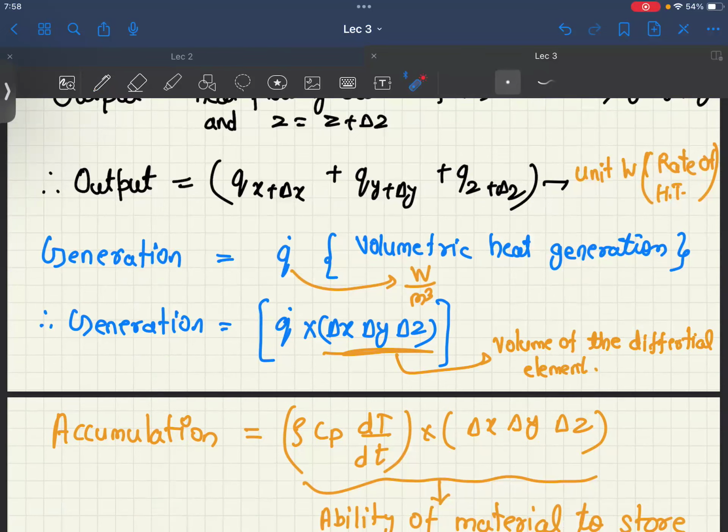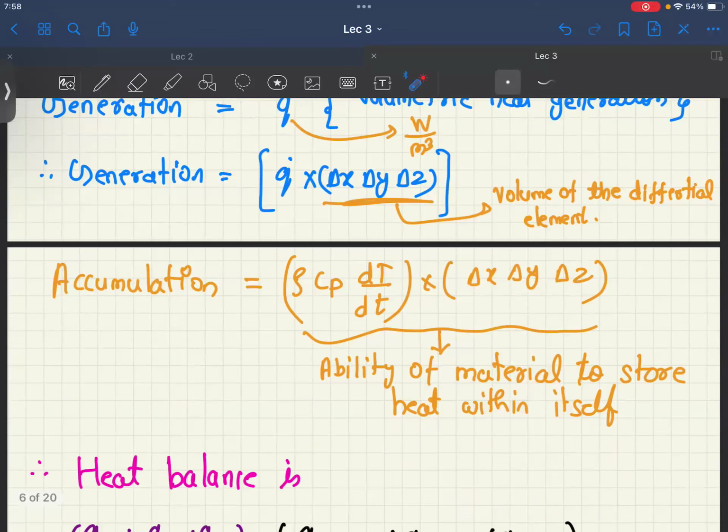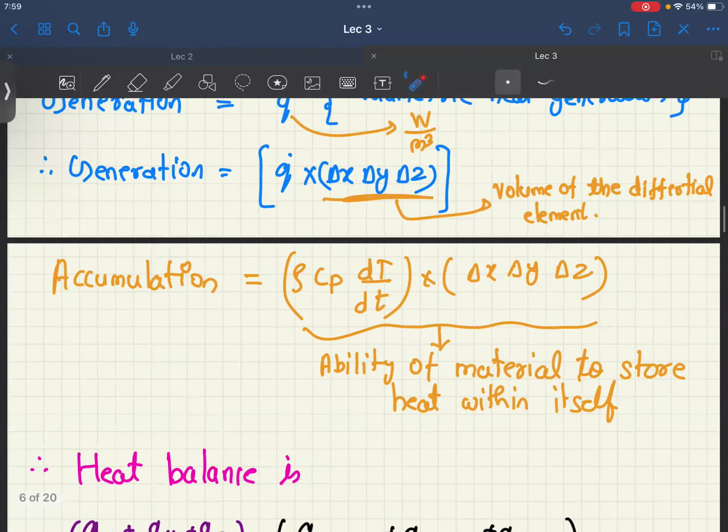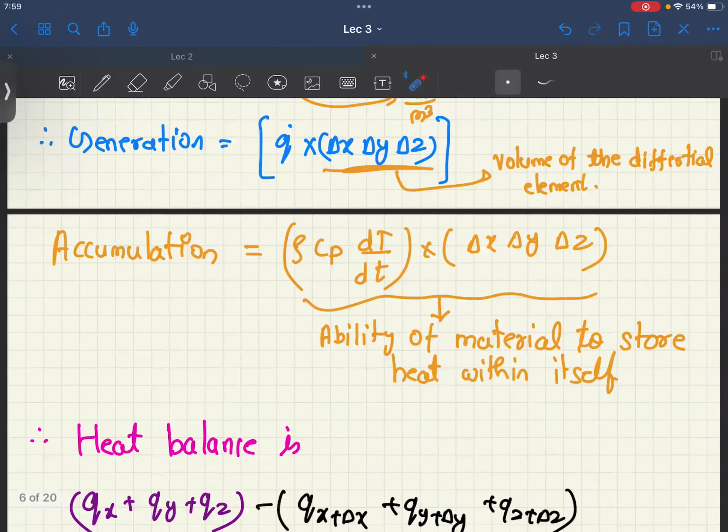ठीक है, and then what is the accumulation? Accumulation is going to be rho into cp into dT by dt. So rho into cp क्या होगा? Rho is nothing but kg per meter cube, cp का क्या है? जूल पर kg केल्विन, right? And dT by dt is rate of change of temperature with respect to time.